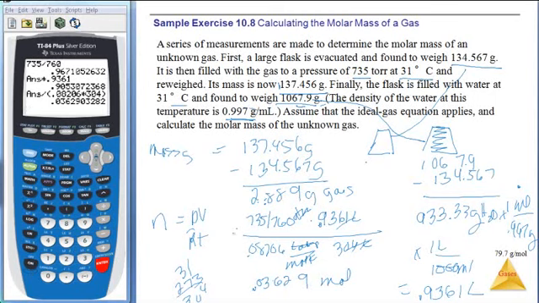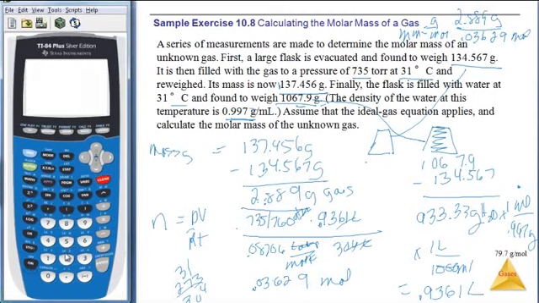Okay, and I have this many grams, so again, let's do it up here. Molar mass is grams over moles. I have 2.889 grams. I have 0.03629 moles. So let's divide this.